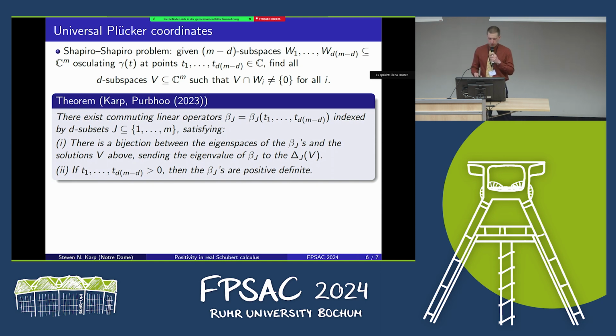And what we show is these linear operators pairwise commute. So basically they're simultaneously diagonalizable. If we take a common eigenvector of these linear operators and replace each beta_j by its eigenvalue, we obtain a set of complex numbers indexed by our sets j. And this set of complex numbers is precisely the set of Pluecker coordinates of a solution V to this Schubert problem.